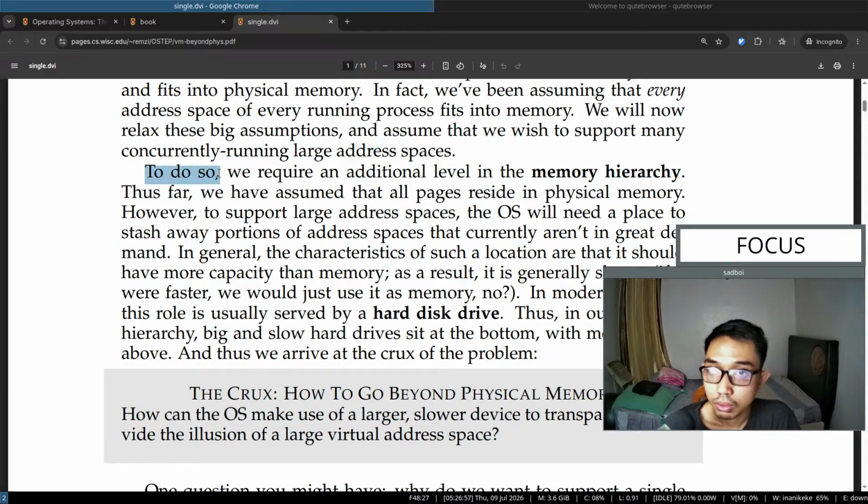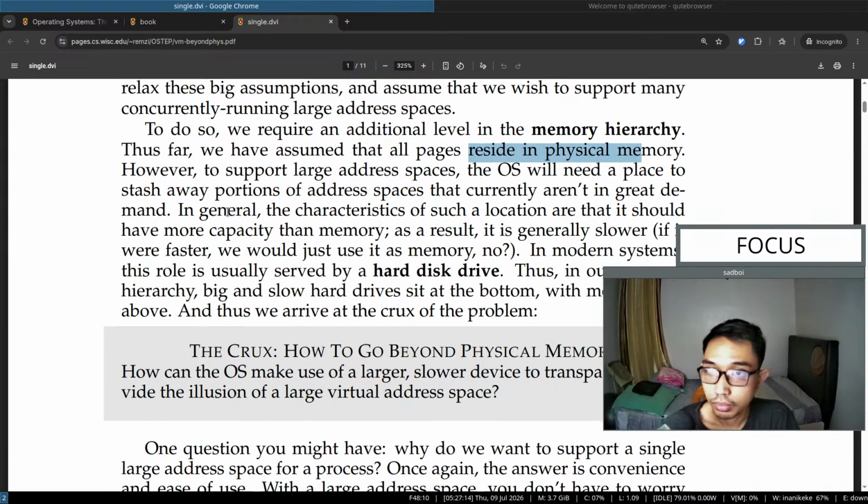To do so, we require an additional level in the memory hierarchy. Thus far, we have assumed that all pages reside in physical memory. However, to support large address spaces, the operating system will need a place to stash away portions of address spaces that currently are not in great demand.